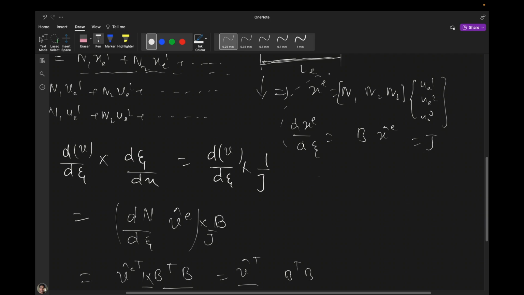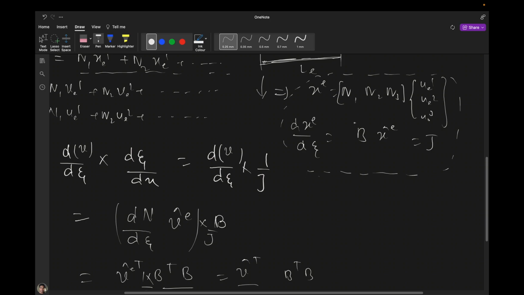Sir, that U1 U2 should be X E1, it should not be U. That U E1 U E2 U E3 you have written. Yeah, that's why I'm writing this is a vector. That should be X E1 X E2, no?